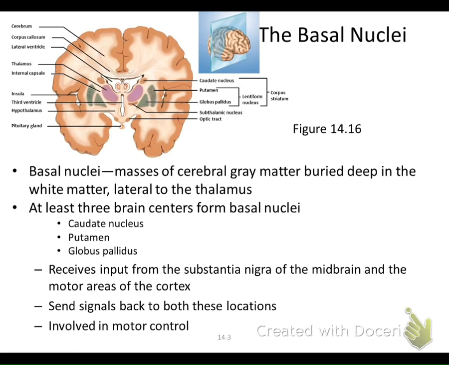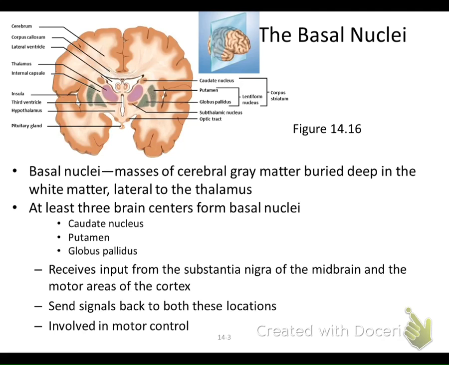Let's go back to that. What is a nucleus when you're discussing neuroscience? A cluster of cell bodies found within the central nervous system. I'm not talking about an atomic nucleus where the protons are. I'm not talking about a cellular nucleus where the DNA is found. The nucleus here is a cluster of cell bodies found somewhere within the central nervous system.